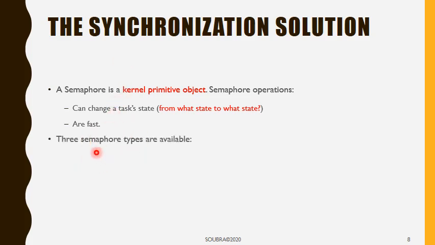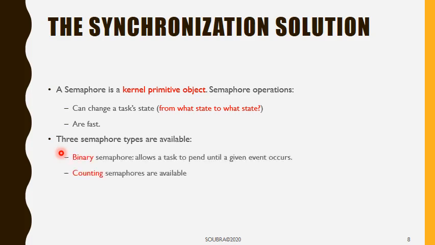All right, and if you remember quite well, last year we mentioned three types, to be specific, of semaphores. Those are the binary, the counting semaphores, and finally the mutex.